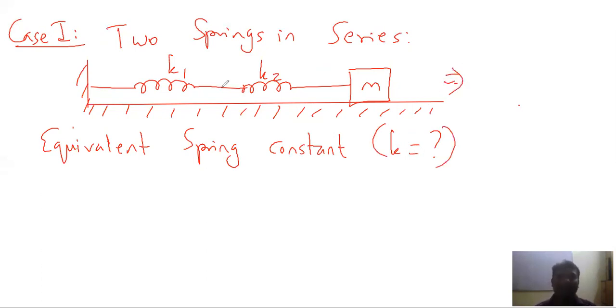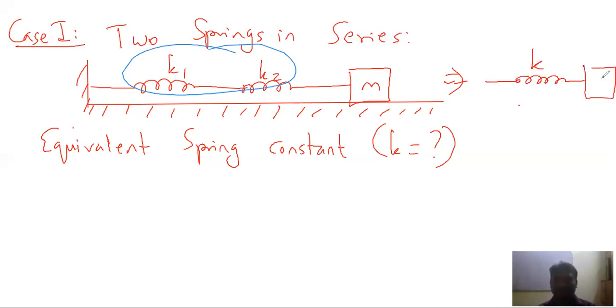What does it mean? Instead of these two springs, I will have a new spring having spring constant K such that due to external force, it has the same extension or compression.